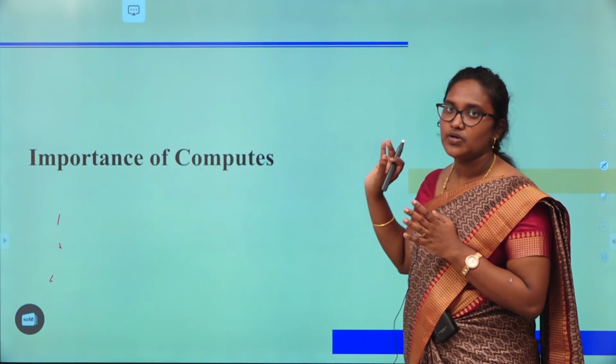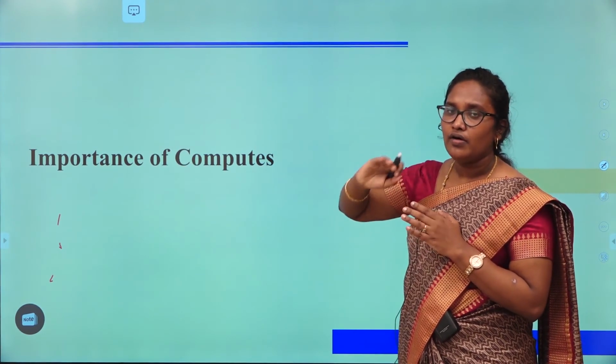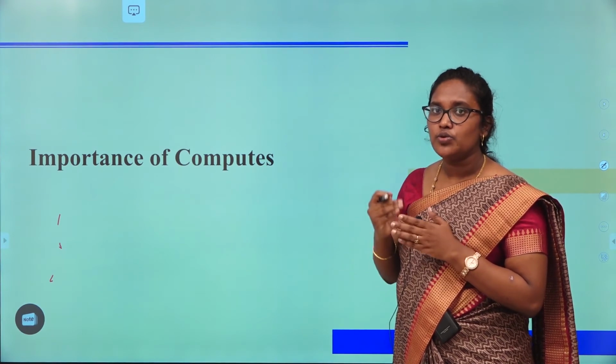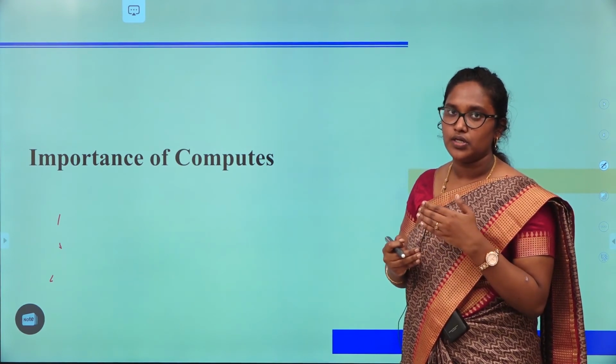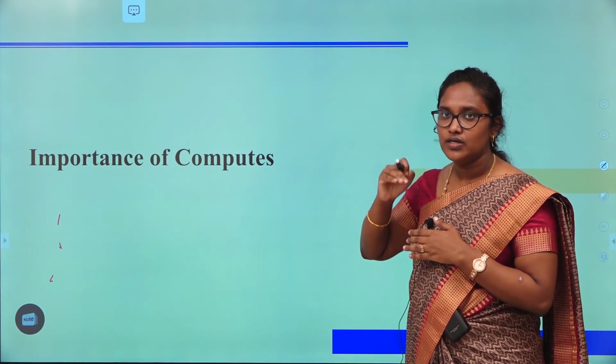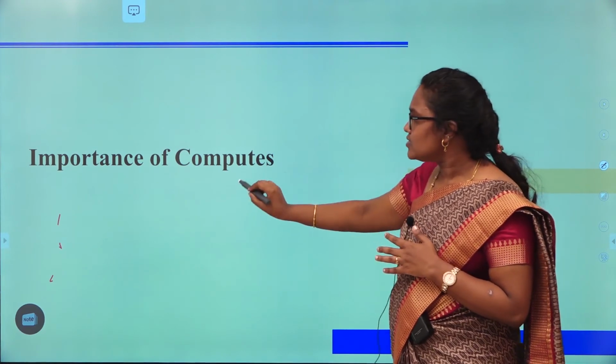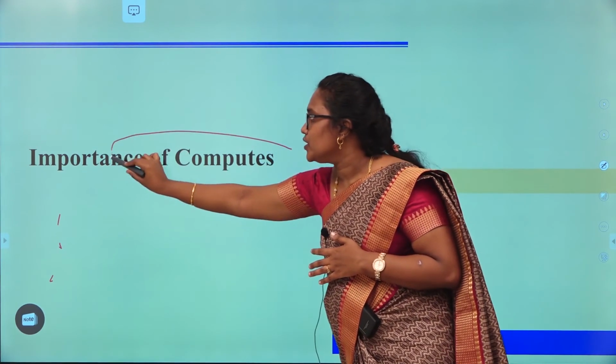Similarly, we say the qualities as characteristics. Advantages means how it is making humans reduce their work. Disadvantage means how it is impacting humans. Here, importance of a computer. What does importance of a computer mean?